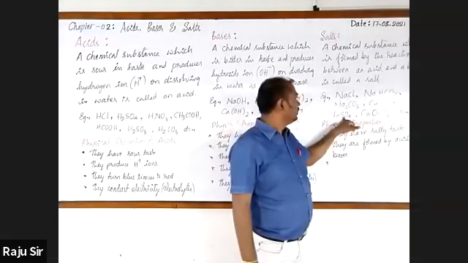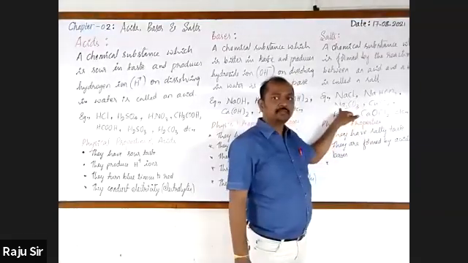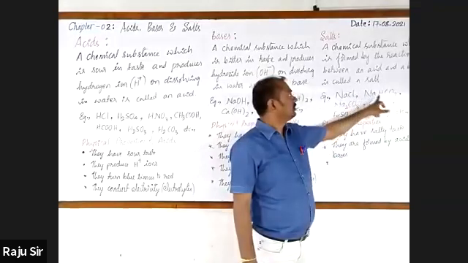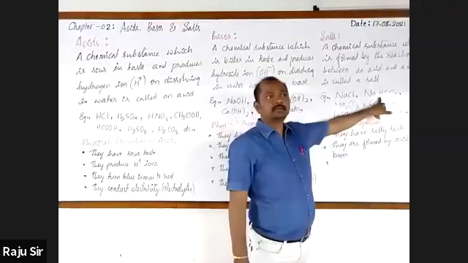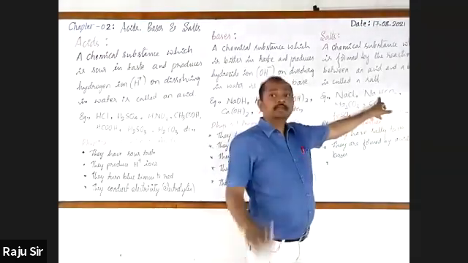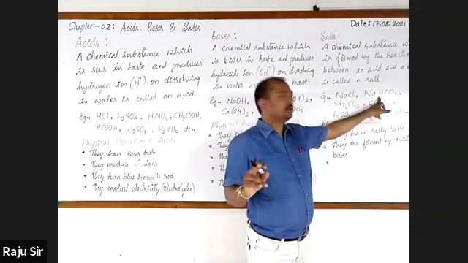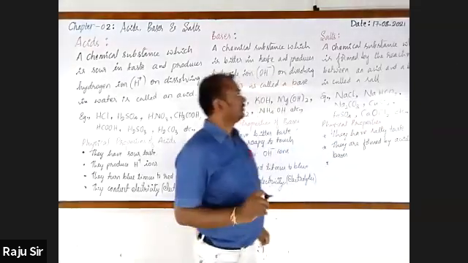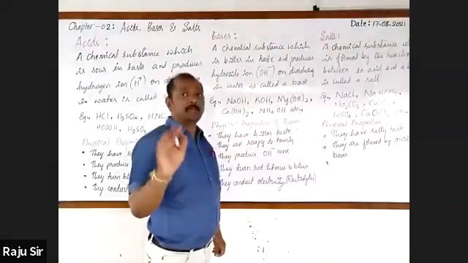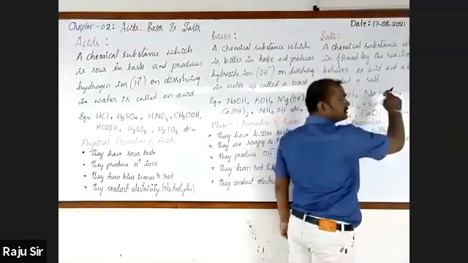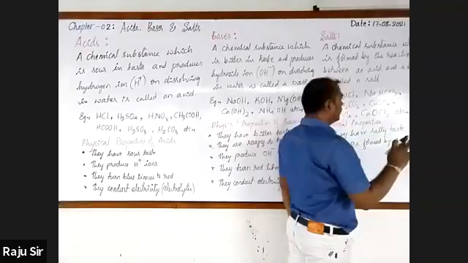Sodium carbonate produces Na plus and CO3 2 minus. Sodium bicarbonate produces Na plus and HCO3 minus.